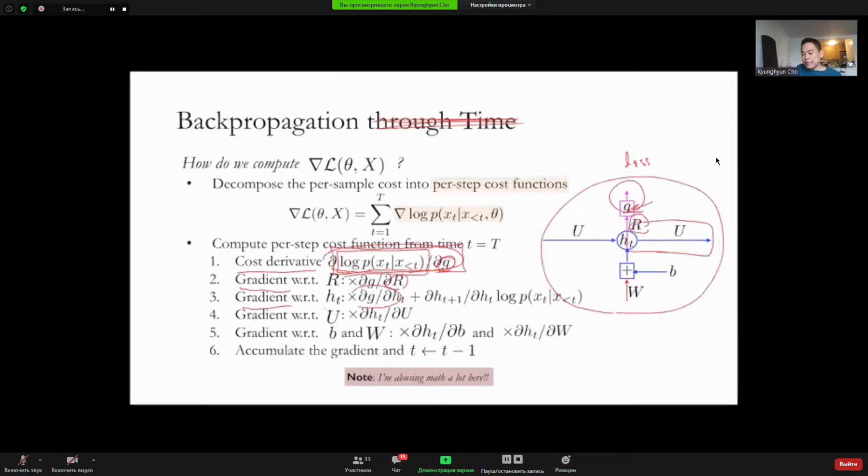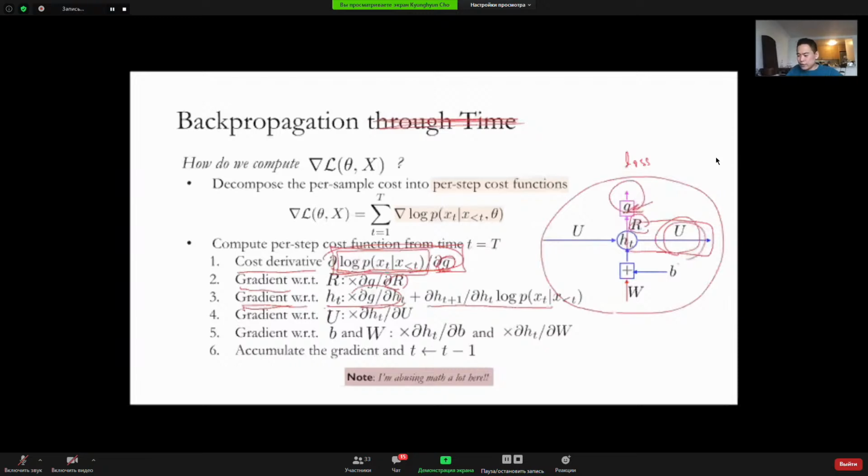So what that means is that the gradient of the entire loss function, that is a sum of the per-step loss functions, with respect to this HT hidden state, should be the sum of what we just talked about plus the gradient that has been propagated back through time via this temporal connection we have.